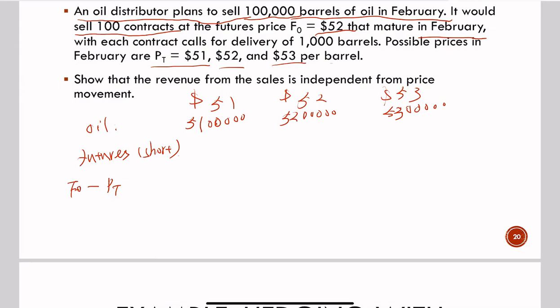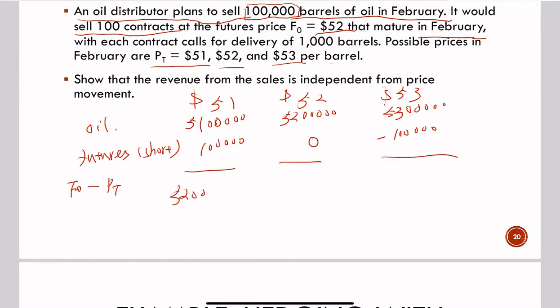So it's 52 minus 51 times this amount, which is $100,000. If it's 52, then it's zero. If it's 53, then it would be minus $100,000.